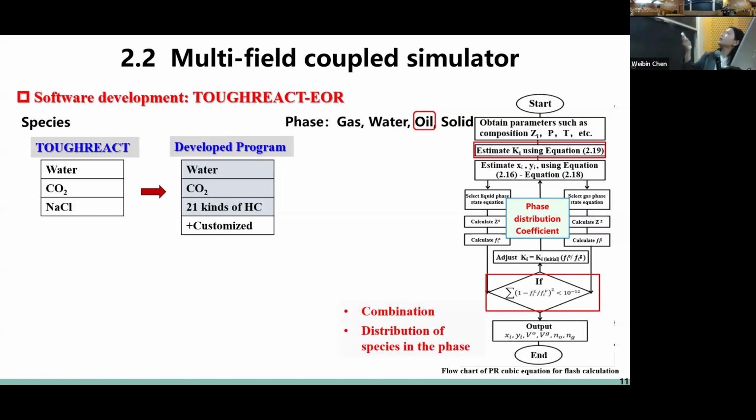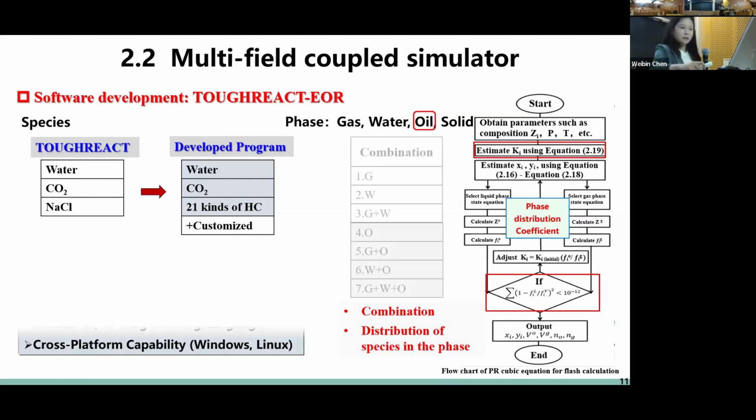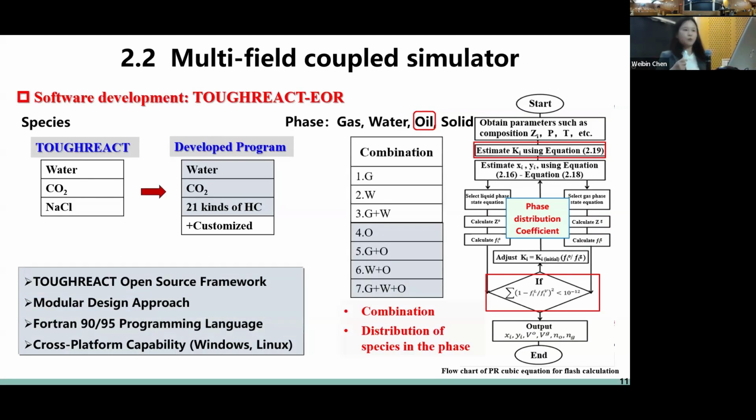If we introduce one phase, the combination of phases becomes more complex. My work is adding a flash calculation to describe the interaction of CO2 and oil, to calculate the phase distribution coefficients between gas, water, and oil to find the CO2 balance between these fluids.